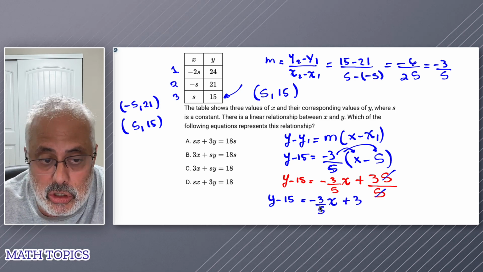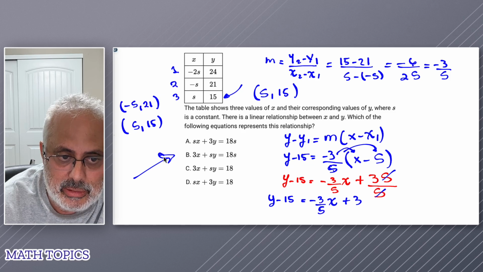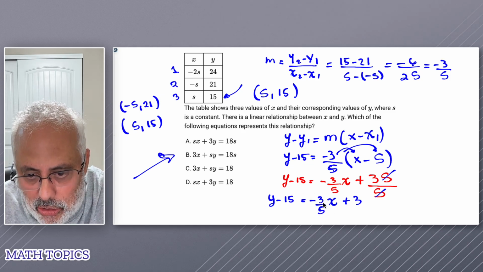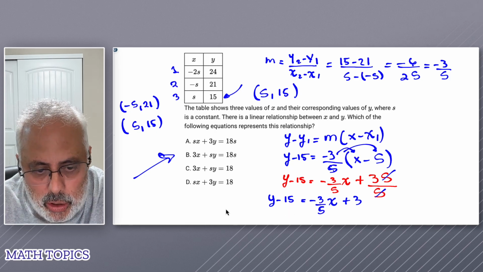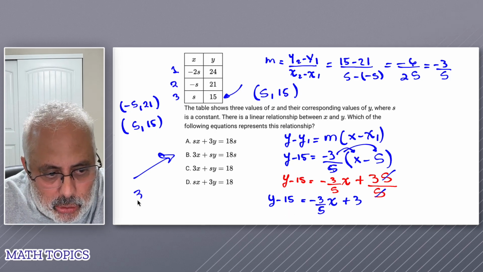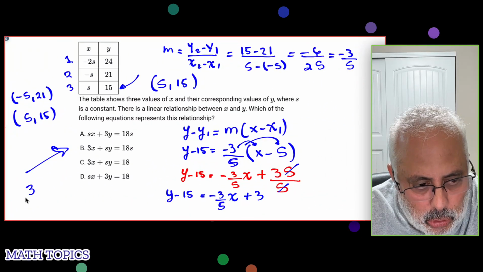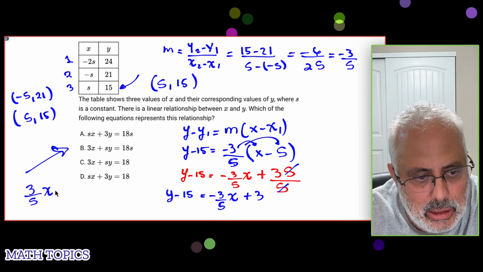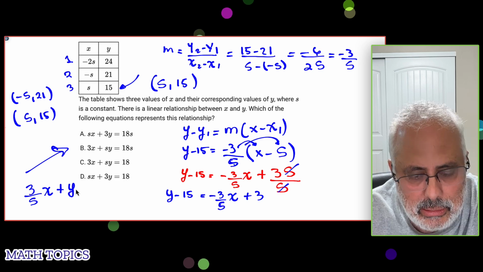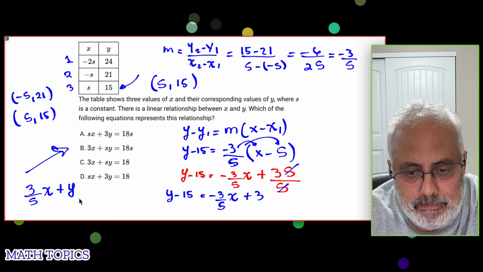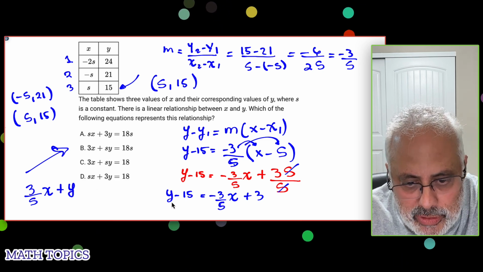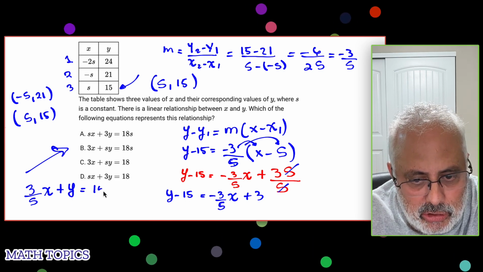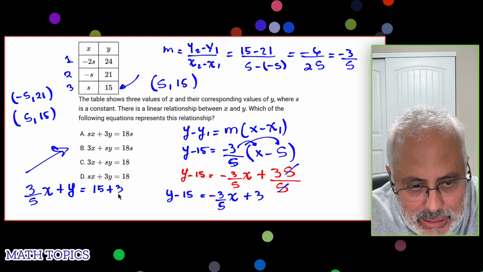Because I'm still looking for something like what I see in the choices, let's put the x and the y together. So let's move this term to the left, positive: 3 over s x plus y. And let me move this negative 15 to the right, positive 15. It's going to be positive 15 plus 3.